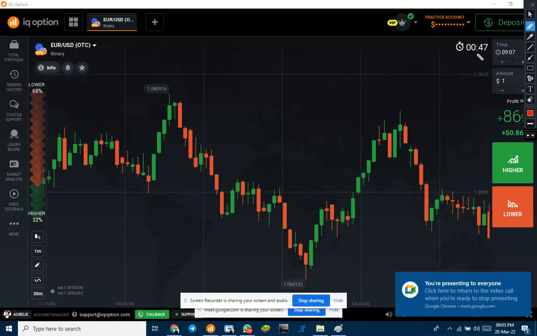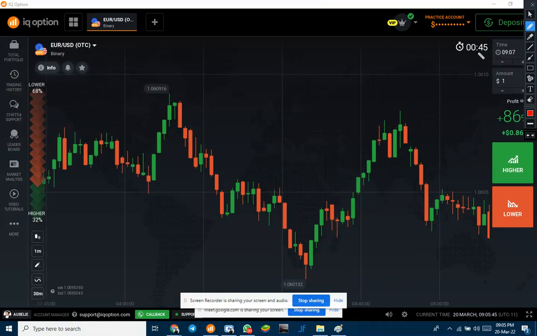There's one thing I want to tell you about uptrend or downtrend or price movement. When you see a movement like this, always trade the support and resistance using a movement like this.